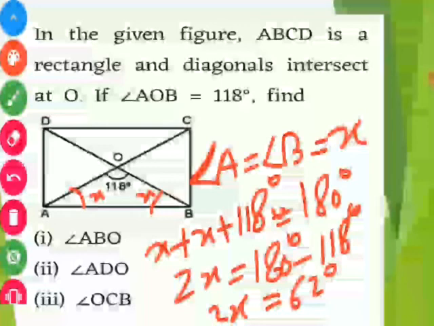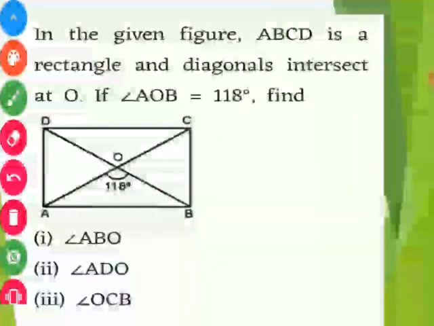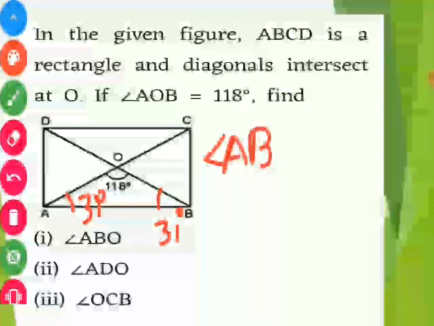So this way we have calculated the value of x. So this is 31 degrees and this is 31 degrees. So the first part of the question is done now. Angle ABO is equal to 31 degrees.